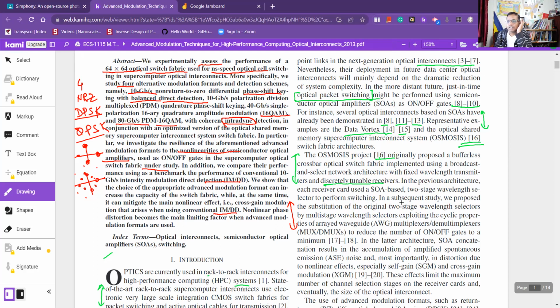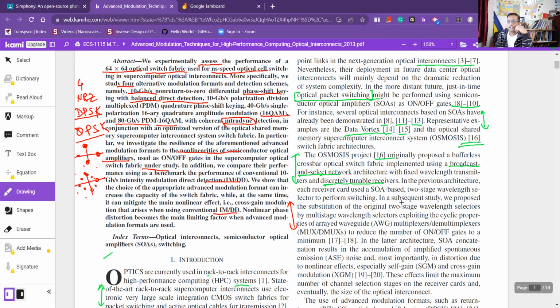The bufferless crossbar optical switch fabric is implemented using broadcast and select architecture. This is a network architecture. The name of the network architecture is broadcast and select. Now the question arises, what is this broadcast and select network? For that purpose, we need to read this article number 16. Then we come to know what actually this broadcast and select network is.